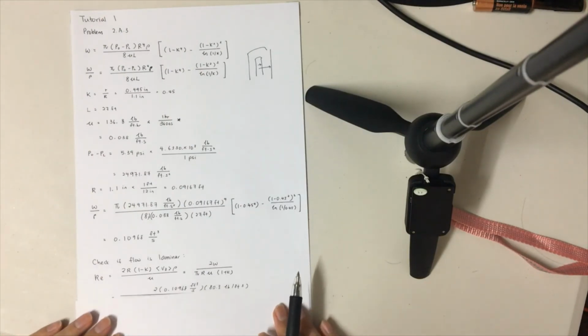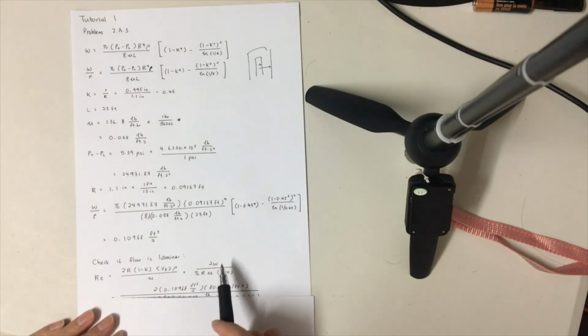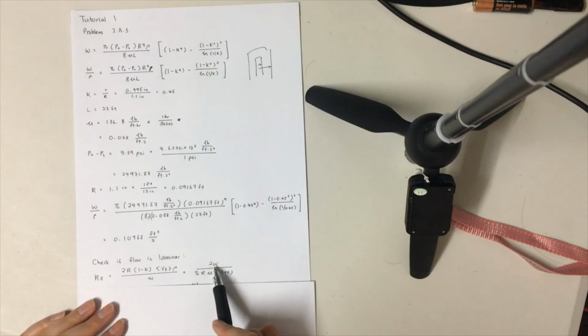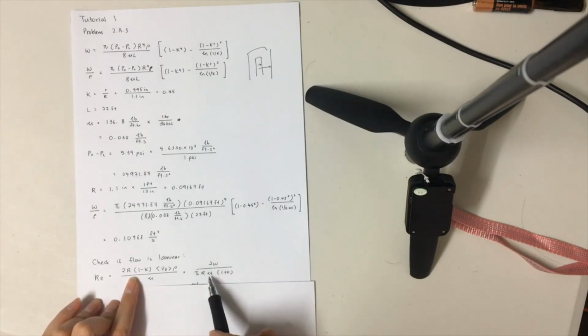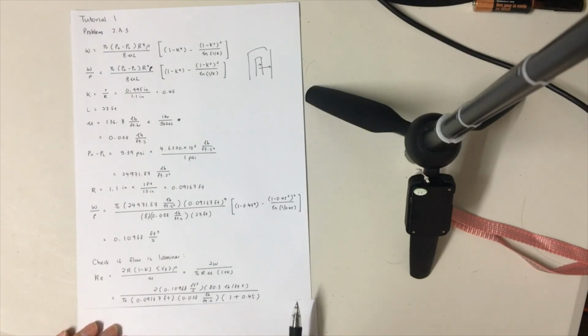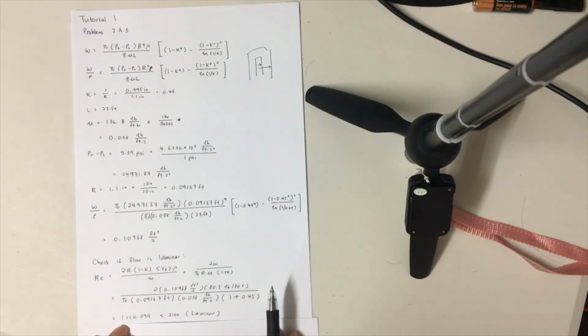Therefore we can substitute W in and rearrange the equation as such. Substitute the values in, and we will get about 1110, which is less than 2100, meaning that the flow is a laminar flow.